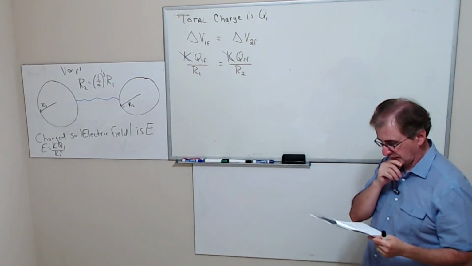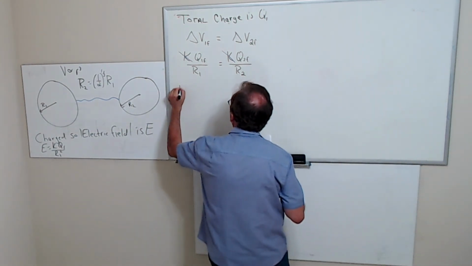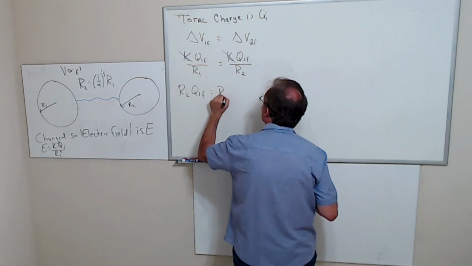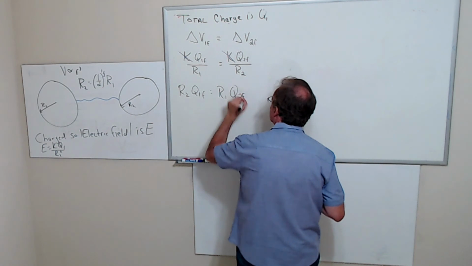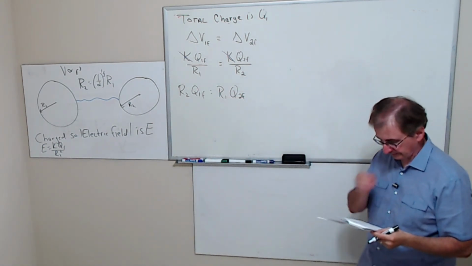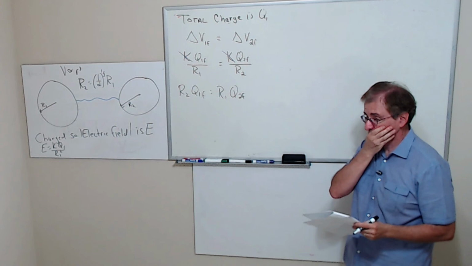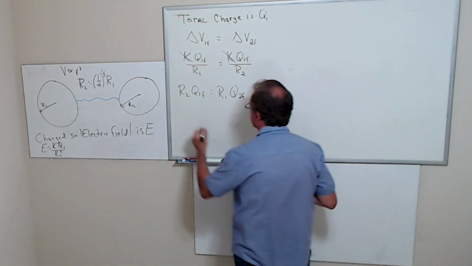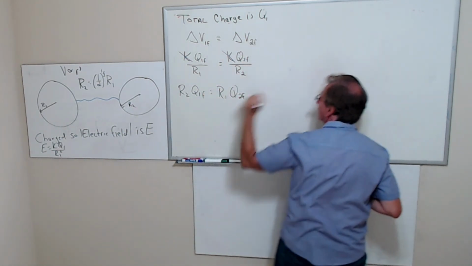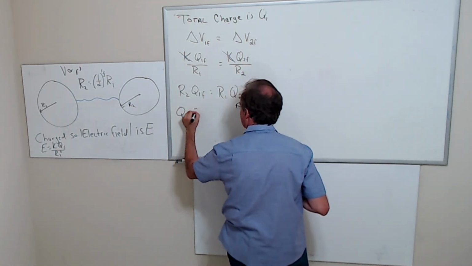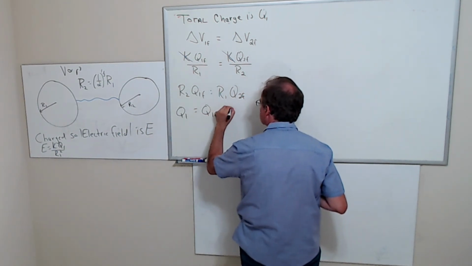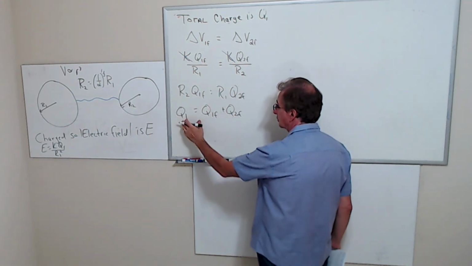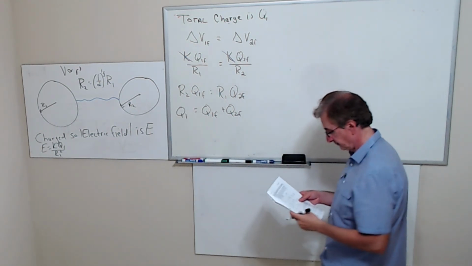Okay, so I can write the following: R2 Q1 final equals R1 Q2 final. Now what? I have 2 unknowns. But I do know that Q1, already here, has to be equal to Q1 final plus Q2 final, because charge is conserved. So the total charge in the 2 spheres has to be equal to whatever I started with.